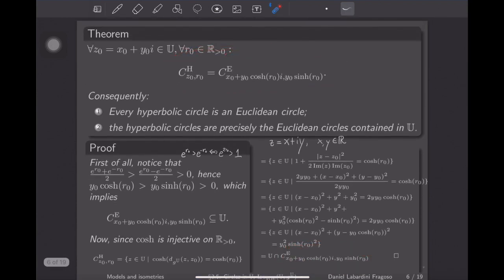Right? So in particular, every hyperbolic circle is a Euclidean circle, and then I leave you as an exercise: if you give me a Euclidean circle contained in U, it is indeed a hyperbolic circle.